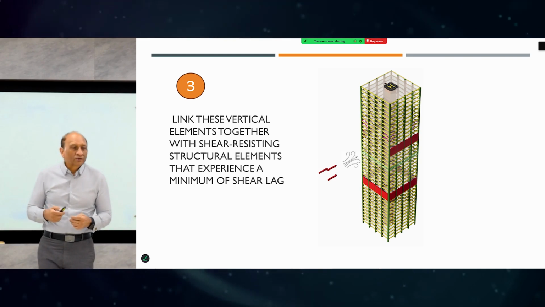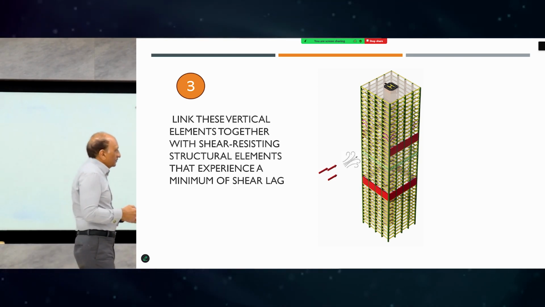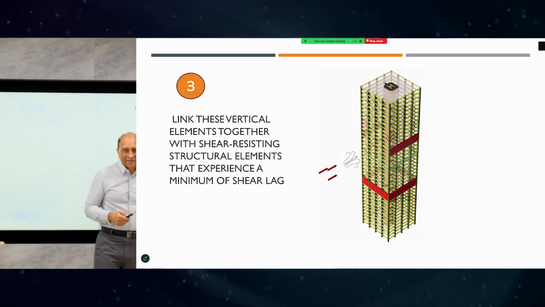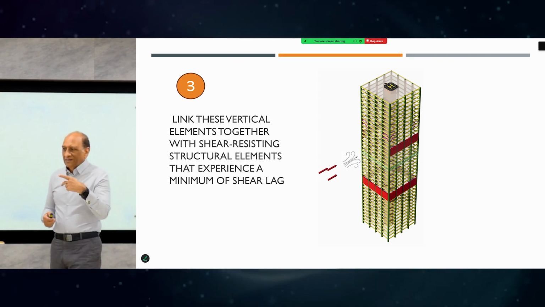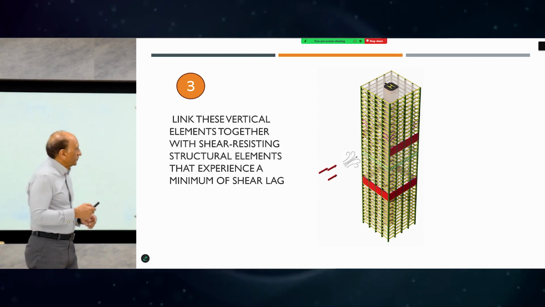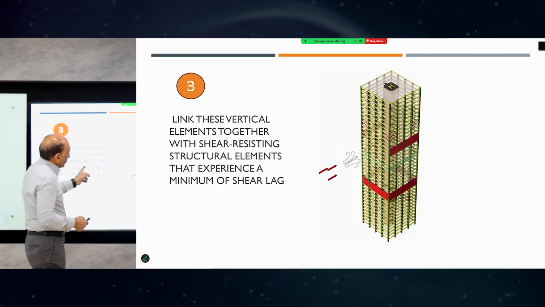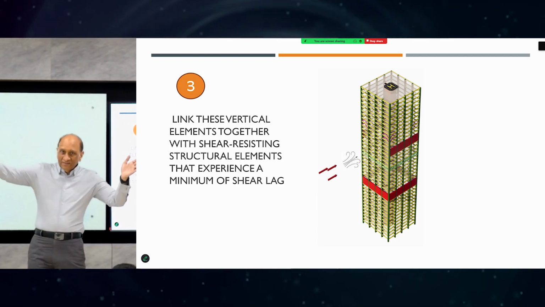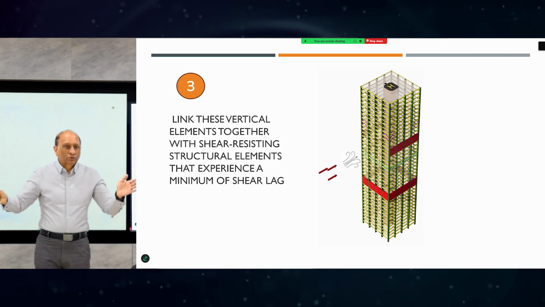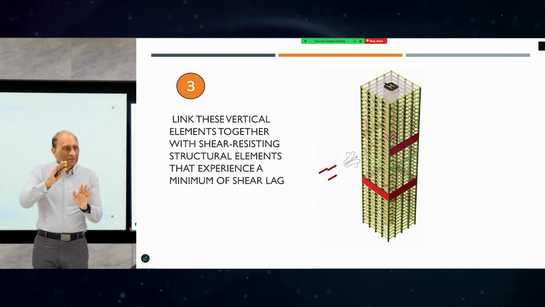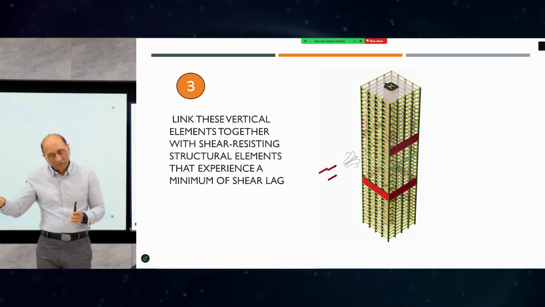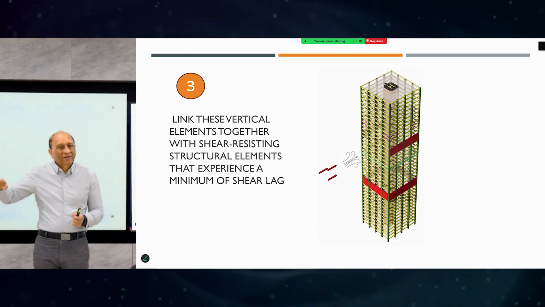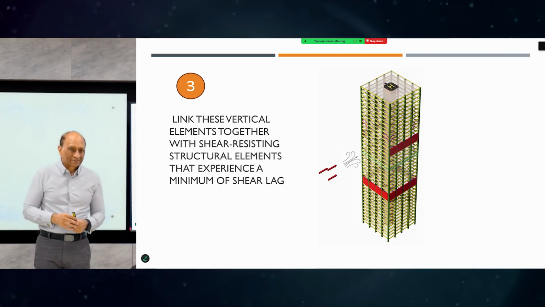You have got to do this, and this is also to prevent shear lag. We studied shear lag last time, and we'll come back to this again. This is to prevent shear lag and also to make sure the farthest elements are connected to each other through shear, so the strain, the deformation between them, can be compatible.